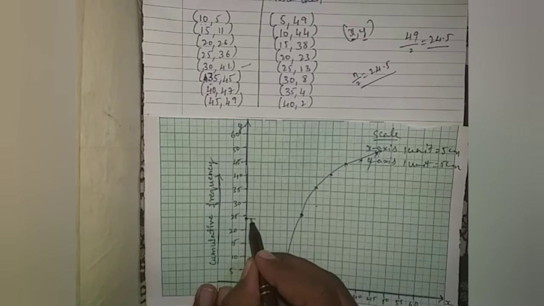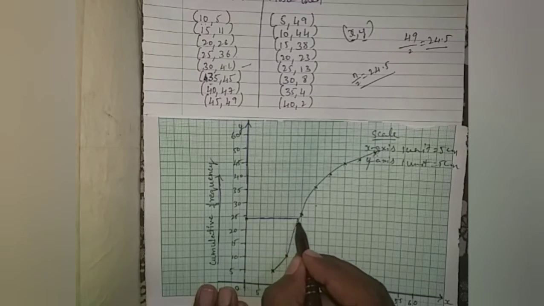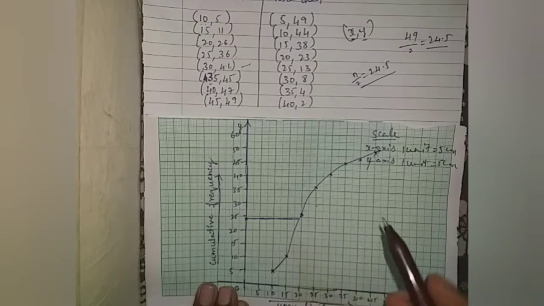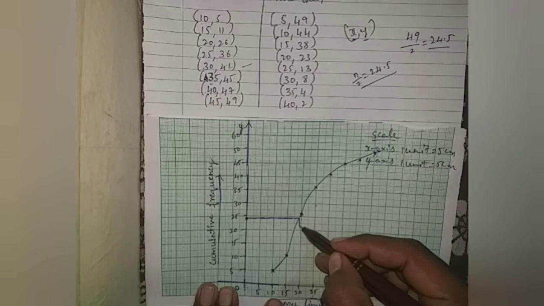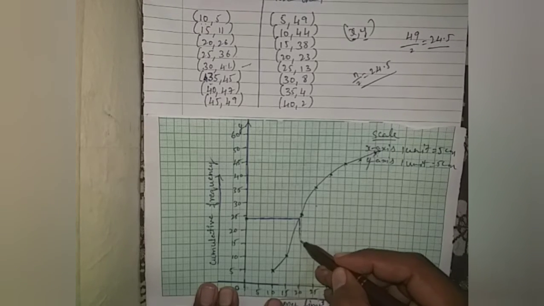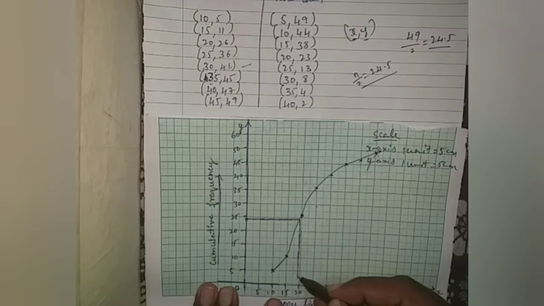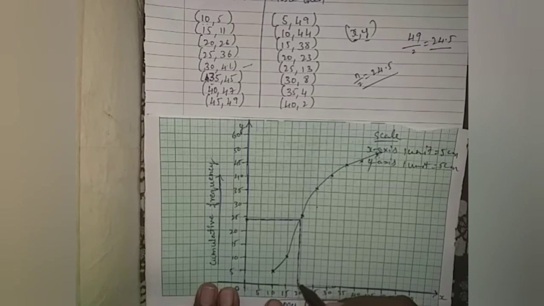Just draw a straight line. It needs to touch that less than graph. Draw a straight line, it will touch the less than graph. Just draw a straight line with a scale. So this point should touch the x-axis.